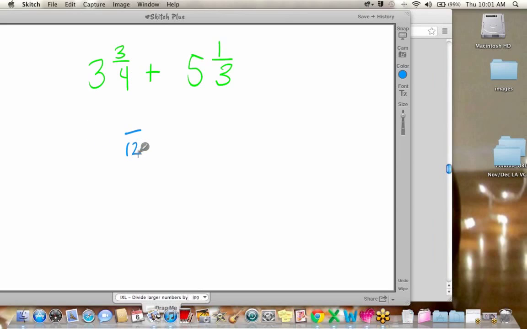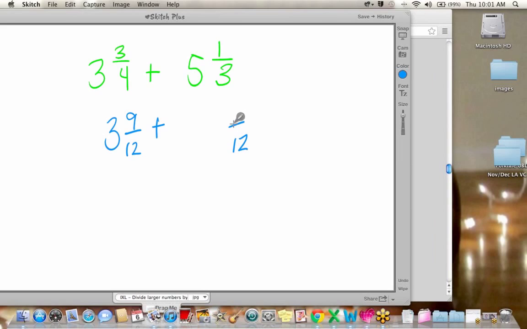How many groups of 4 fit into 12? 3. And 3 times 3 is 9. So that would become 3 and 9/12. I'll change this one. Dakota, how many groups of 3 fit into 12? 4.